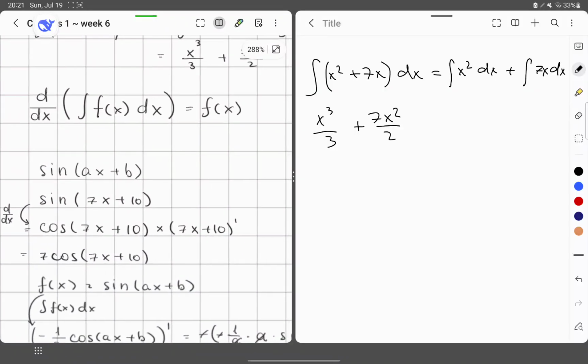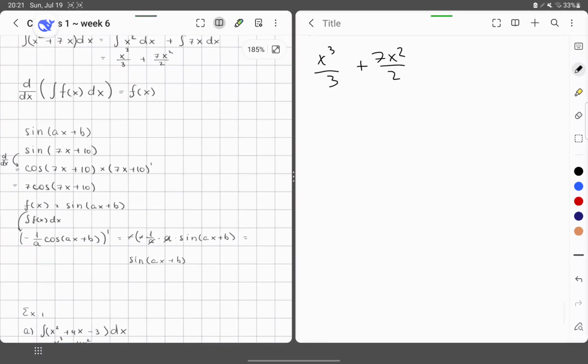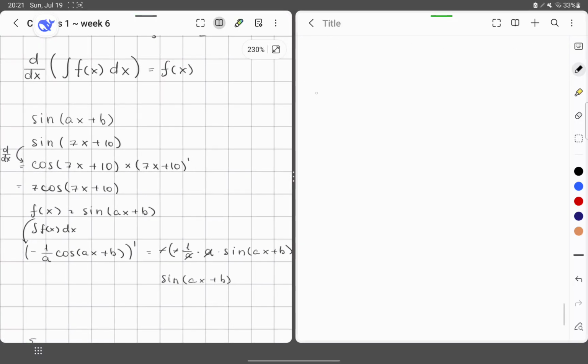The integral of sine ax plus b. That part is really complicated for me, but let's try to learn it. For example, sine 7x plus 10.